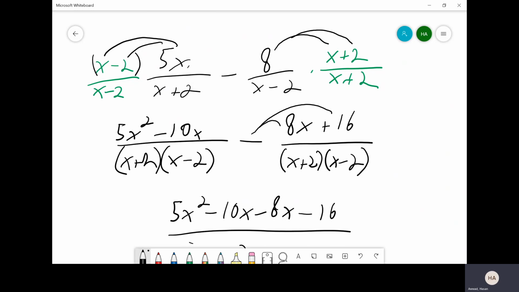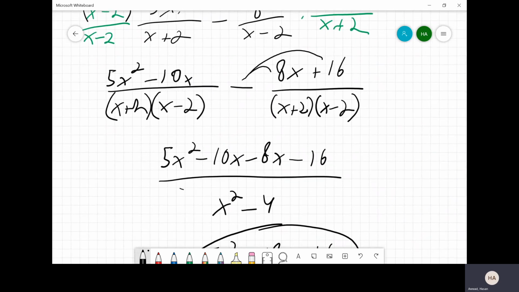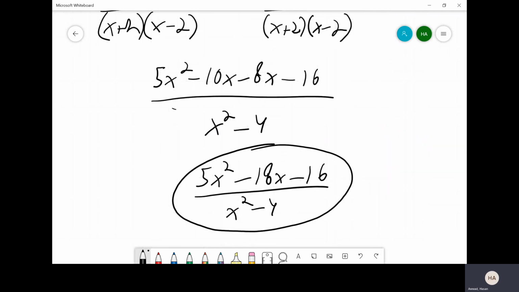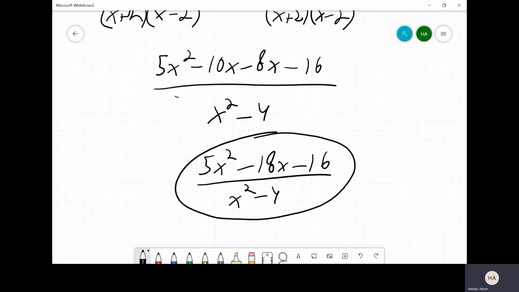So we distribute the numerator times the x minus 2, and then once we have the common denominators, we can finally do the subtraction, and don't forget to apply the negative sign to both pieces in the numerator from whatever is actually being subtracted. Okay, and the x plus 2 times x minus 2, not to belabor the point, is x squared minus 4 because of difference of squares, or you could just FOIL it. But once you get good at it enough, you'll start recognizing that pattern, a plus b times a minus b. And it just leaves us to this answer.